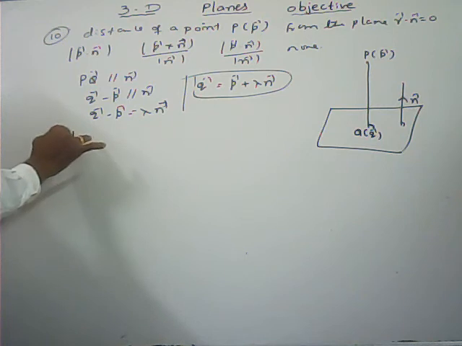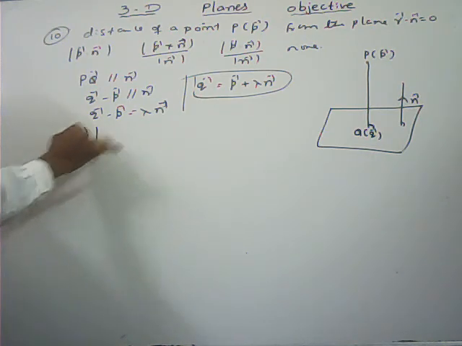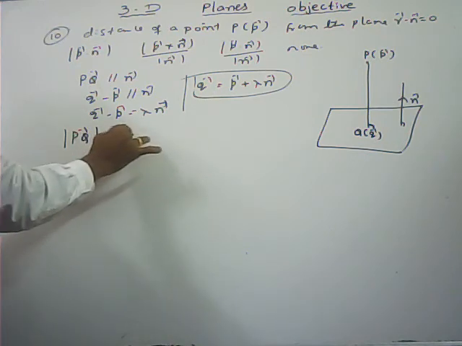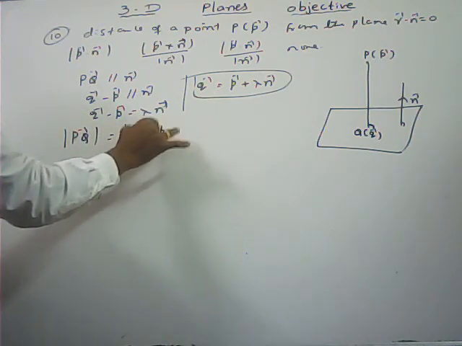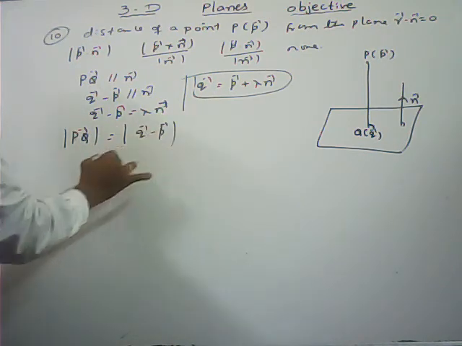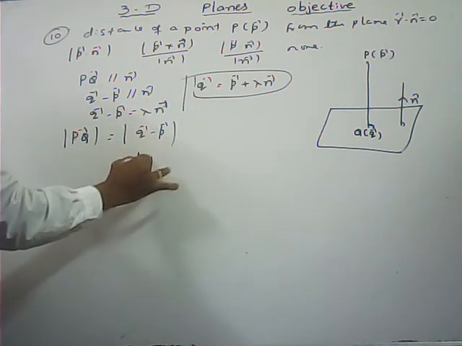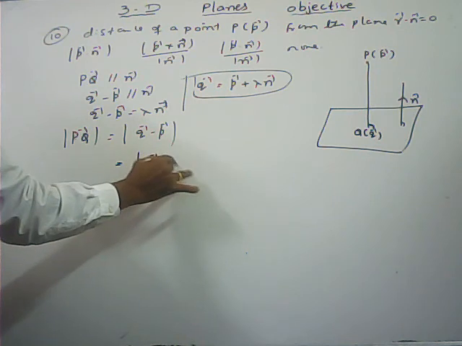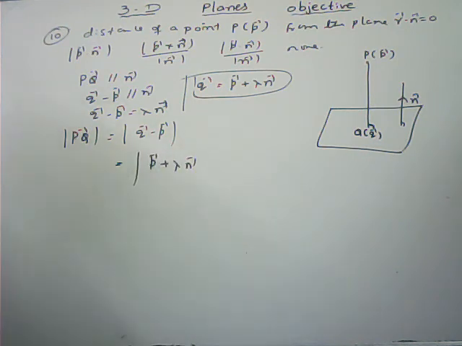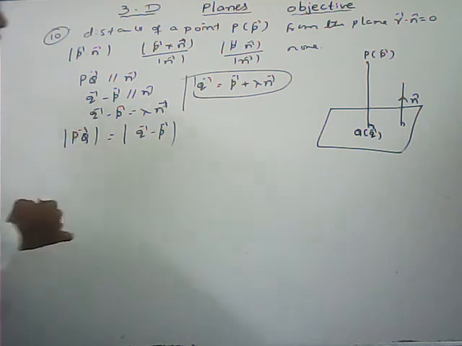Modulus of PQ bar we want. That is equal to modulus of Q bar minus P bar we want. That is equal to modulus of whatever Q bar is, P bar plus lambda N bar. Here we have to eliminate lambda also. Modulus of Q bar minus P bar I got.